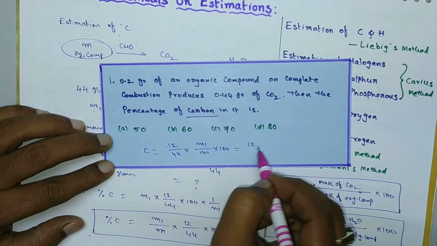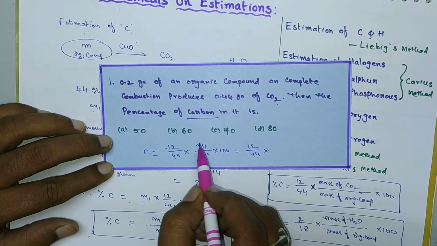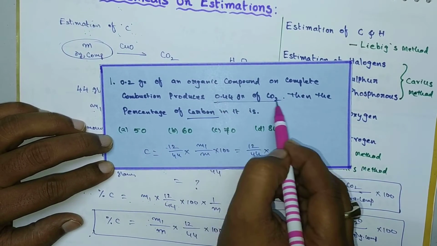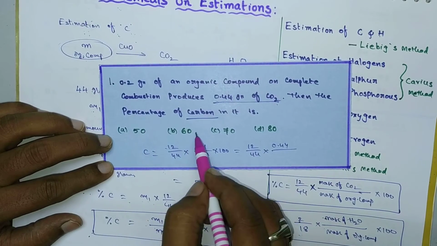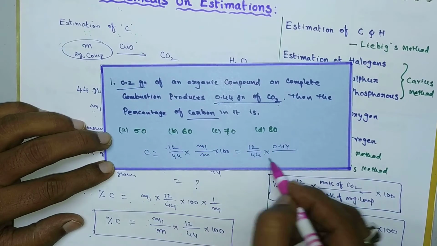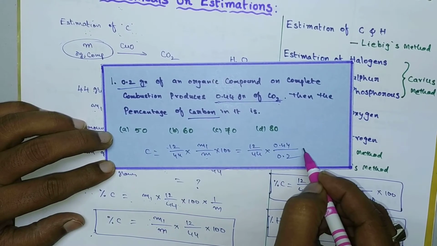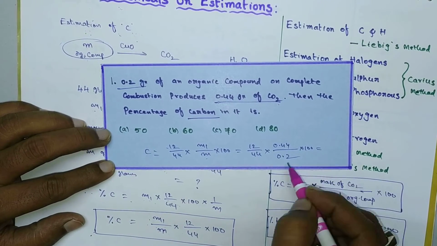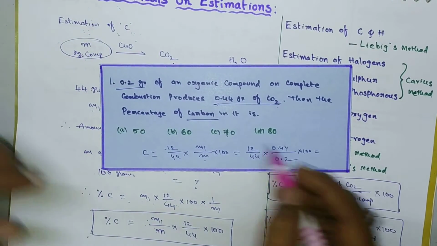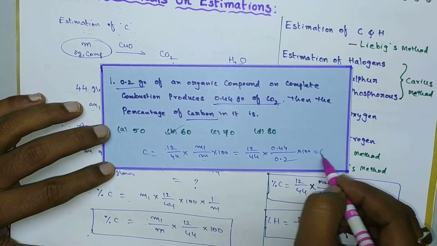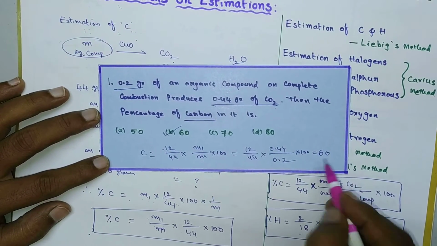Here m1 means the mass of carbon dioxide, which is 0.44, divided by m, the mass of organic compound, which is 0.2, into 100. By simplifying this, you can get the answer, that is 60. In this way you can calculate easily.